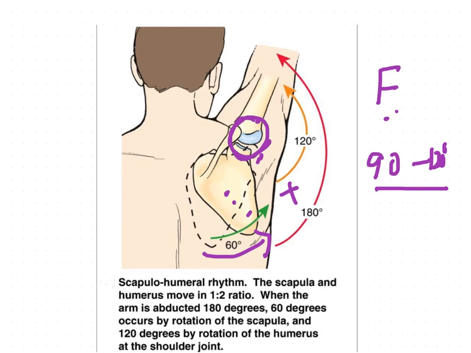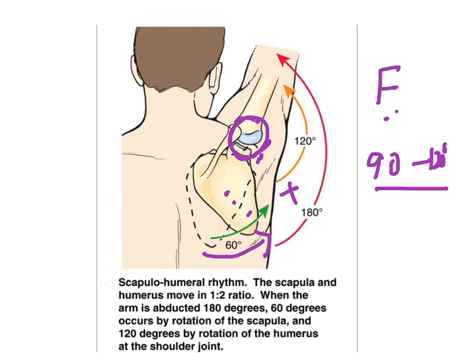The scapula and the humerus move in the ratio of 1:2, or we can explain it like this: the glenohumeral and scapular movements move in the ratio of 2:1. That means the opposite, so in your textbooks it may be given as 2:1.